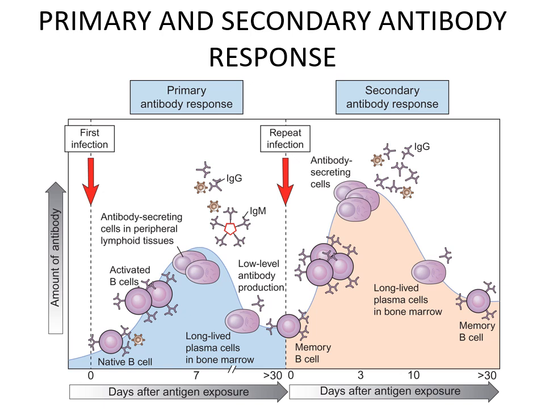If there is the first antibody response, it takes about 7 days for the antibodies to be produced, but once the infection was already over, the second time the body meets the infection, it means repeated, the maximal antibody production is not after 7 or 10 days, but it reaches the peak at about 3 days.